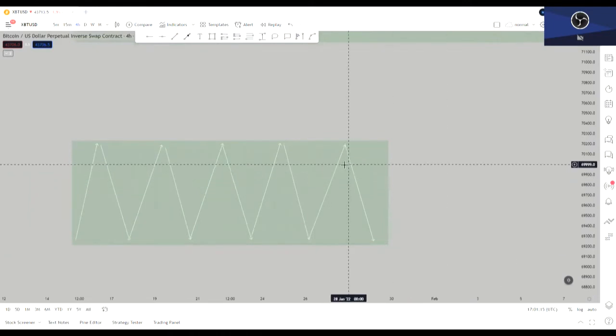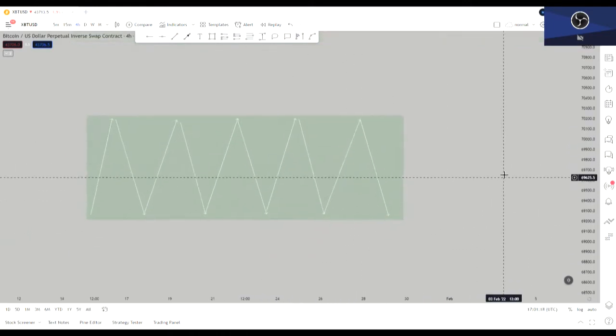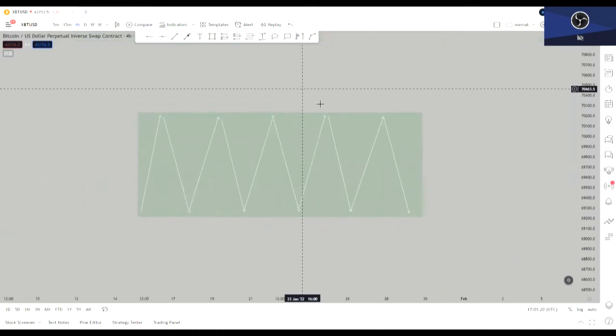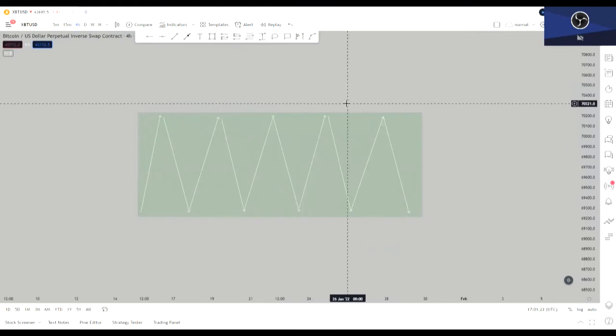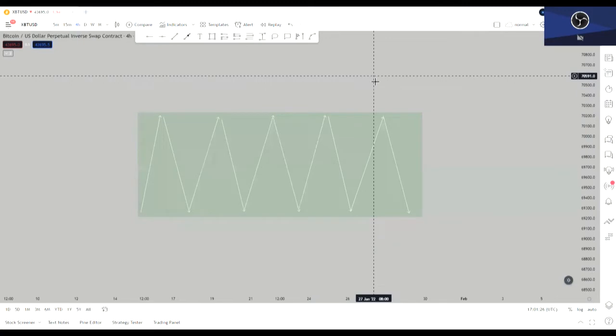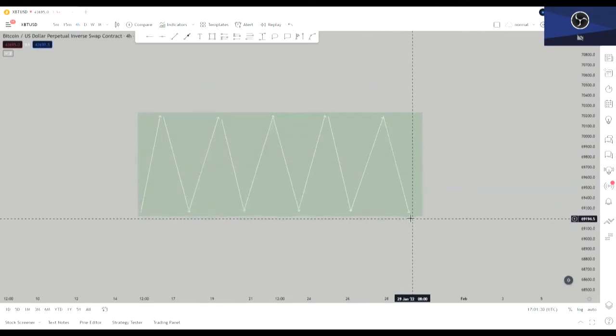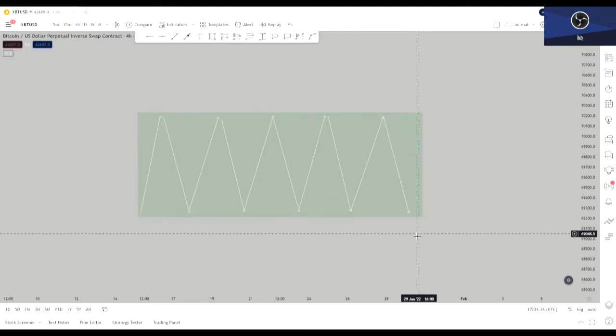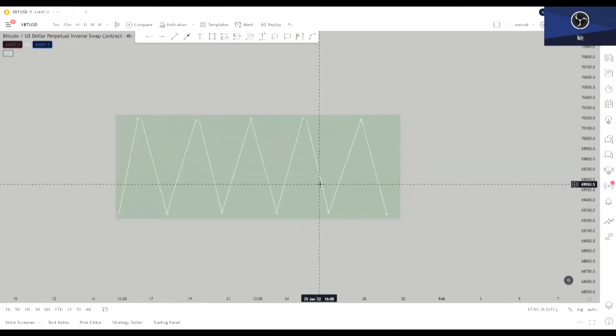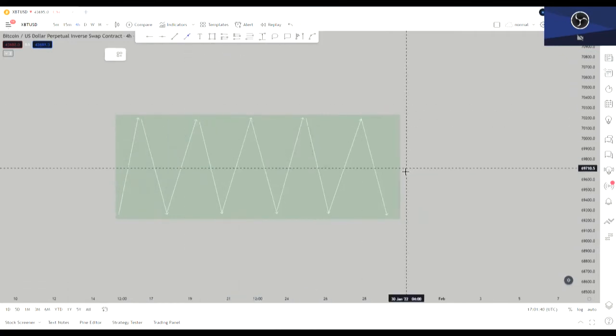Once we see price accumulating in a tight range, we know there are stop losses of sellers above, which in this case are buy orders, and stop losses of buyers below, which are sell orders. So there are two potential scenarios, and we will talk about them in this video.